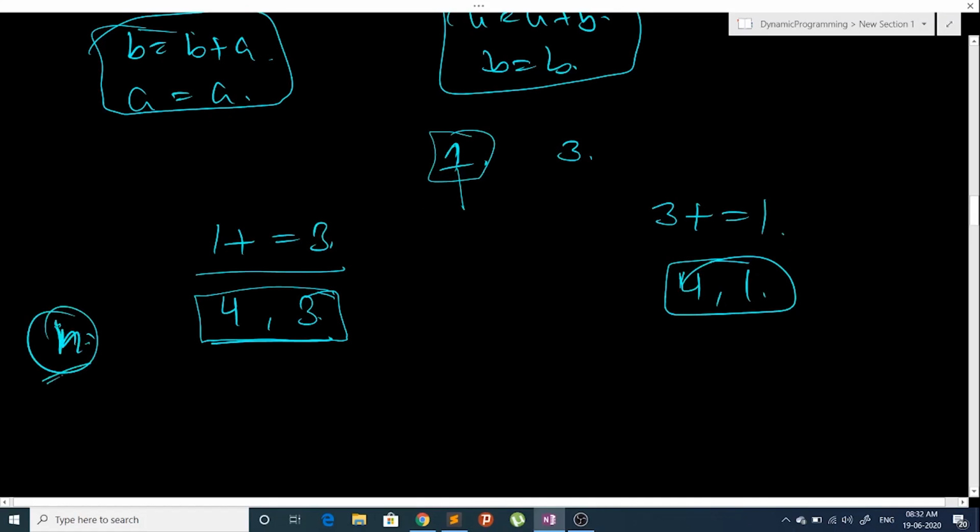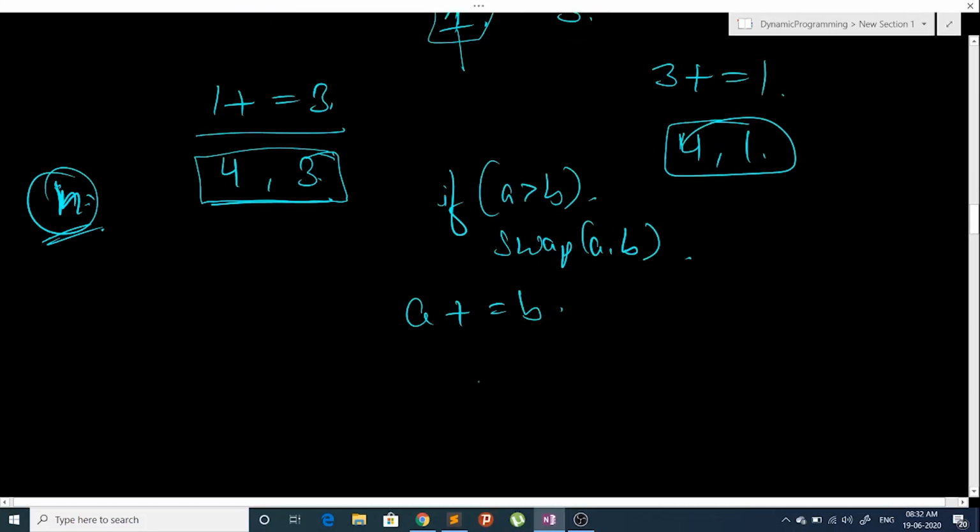So to get the minimum number of operations, what I have to do is change the smaller number. So if a is greater than b, I'll just swap a and b, and then I will do operations like this.